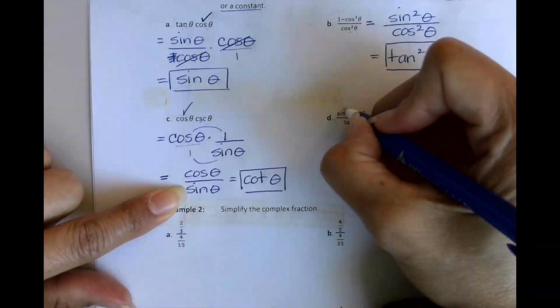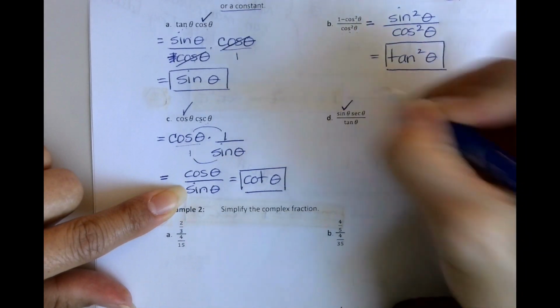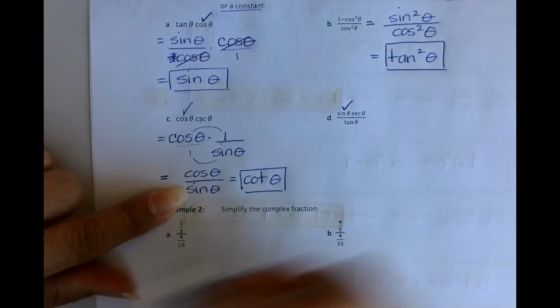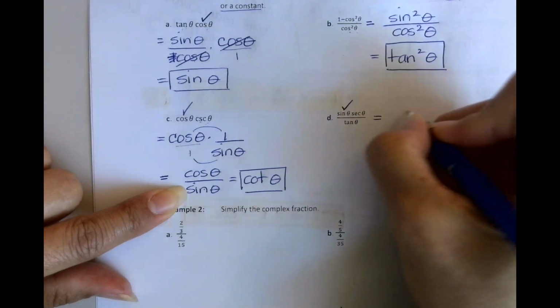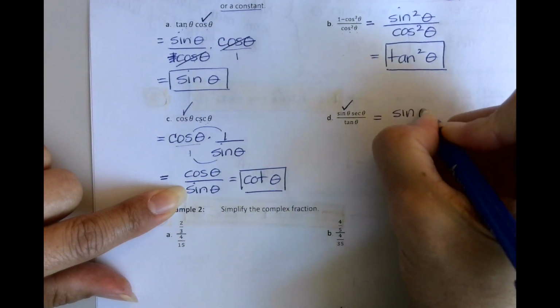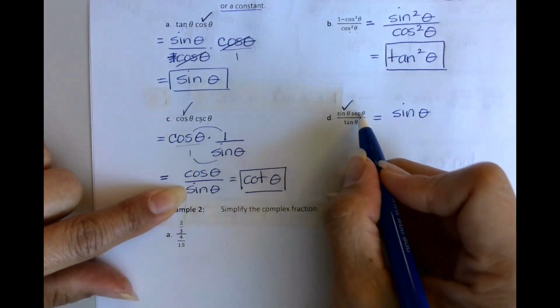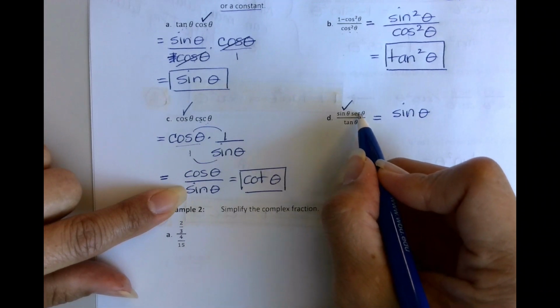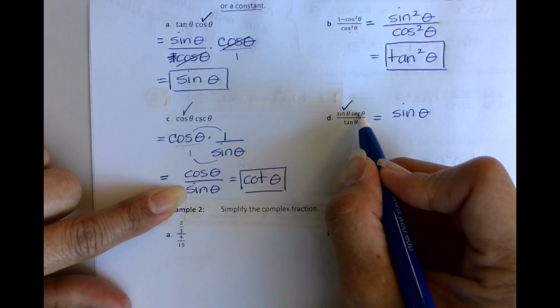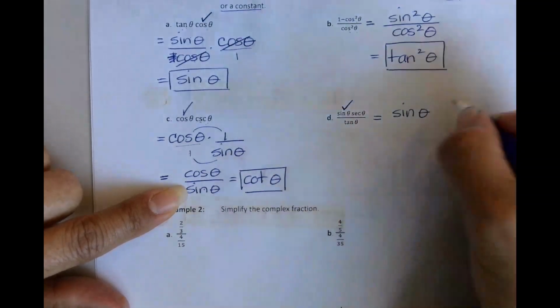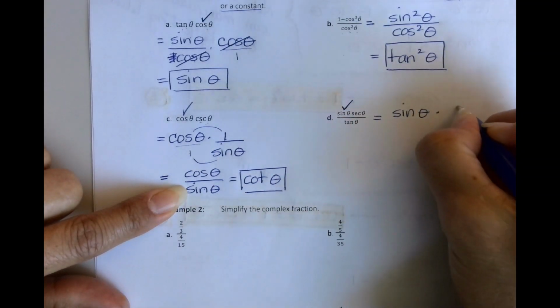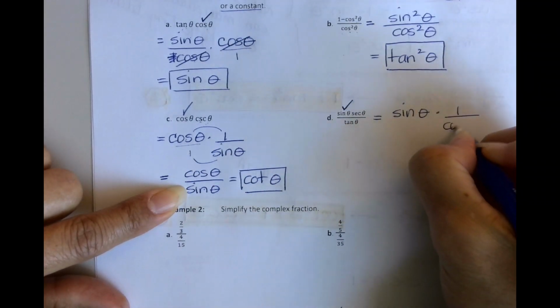Sine theta, we like sine and cosine. We are not going to change that. So check mark on that, keep it as is. So I'm going to write sine theta. Secant theta, you look upstairs, secant theta is the reciprocal of cosine. So I'm going to write times 1 over cosine theta.